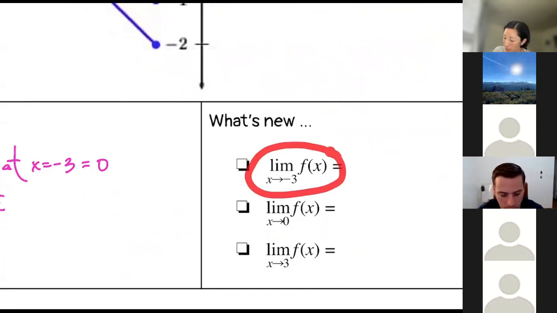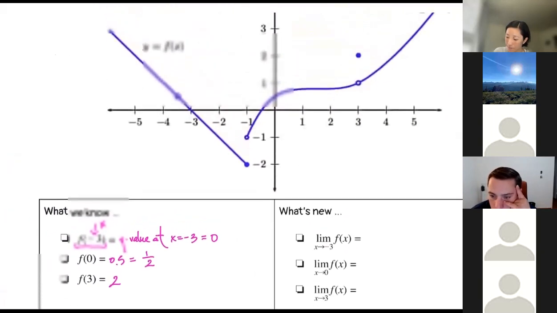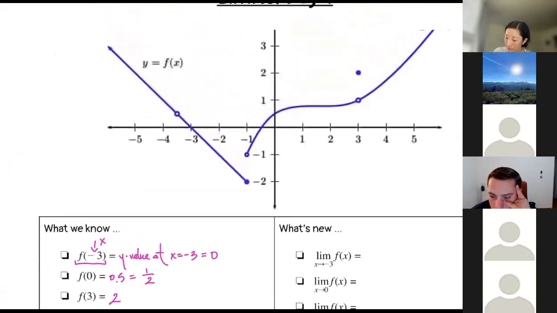All right, the limit as x approaches -3 of f of x, all right? Say that one more time. The limit as x approaches -3 of f of x. And so all that's saying is, let's look at our graph.